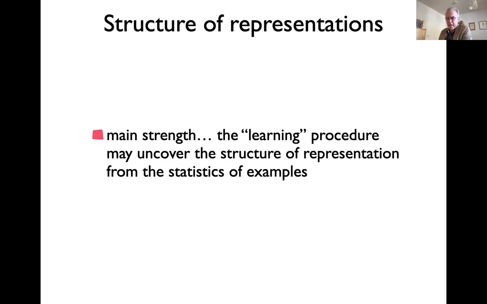For instance, covariation. If you train these systems to classify visual inputs, then these networks will discover that when these visual inputs are, let's say, images from the real world, the pixels in images like that don't vary independently.